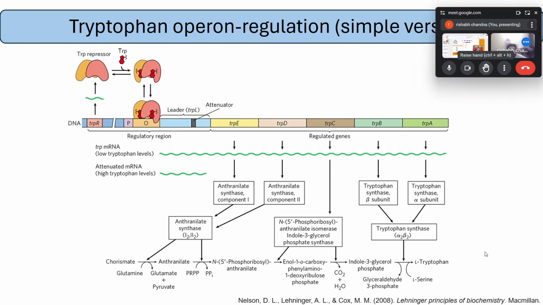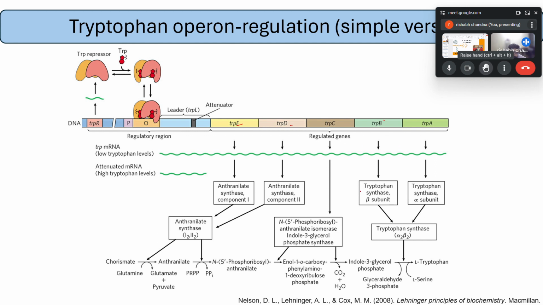Starting with the structural genes first: these are the structural genes E, D, C, B, and A. This is the basic formation of the structural genes, and because this is an operon, they are produced as a single polycistronic mRNA.